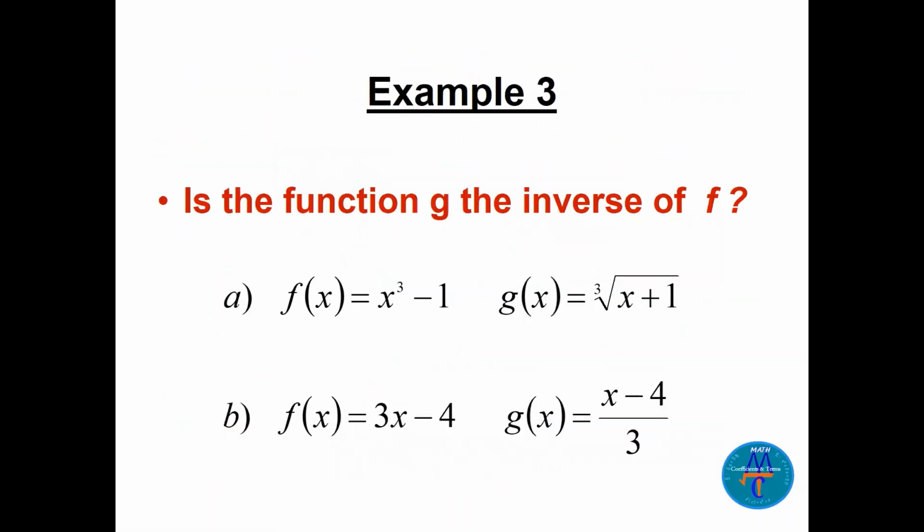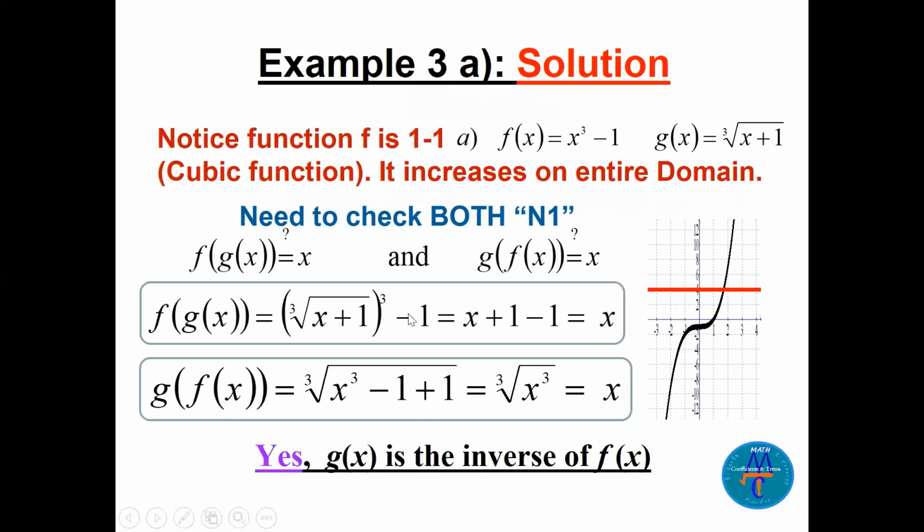Now let's look at example number 3. Given functions f and g, we ask, is the function g the inverse of f? Well, we have to check 2 things here. We need to check both whether f circle g is equal to x, and also whether g circle f is equal to x. So let's start. Here we have f and g.